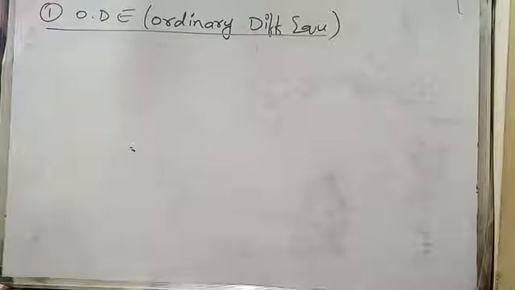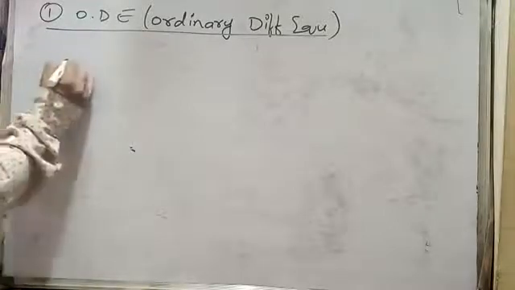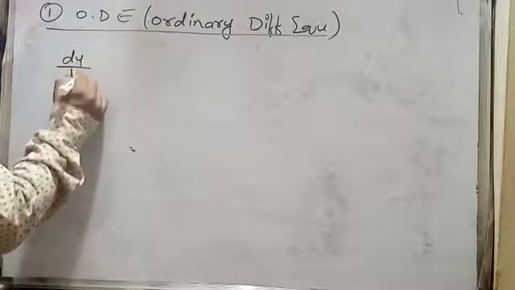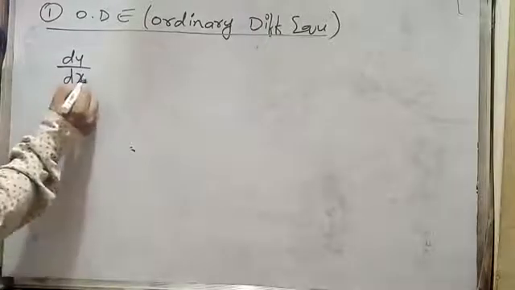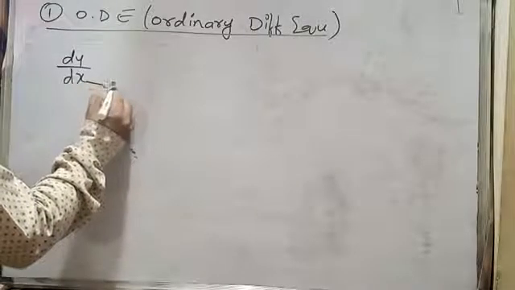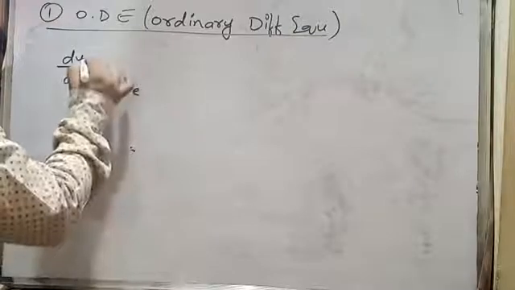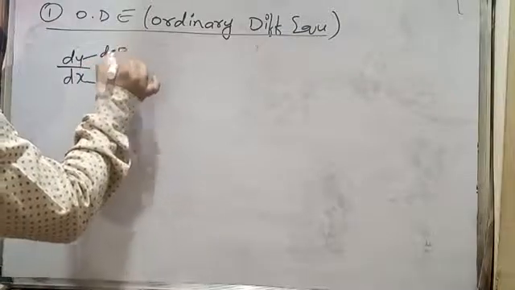I will explain. A differential equation has only one independent variable. We know what this is: dy by dx, this is differentiation. With respect to x, we have learned all those things. This is independent and this is dependent.